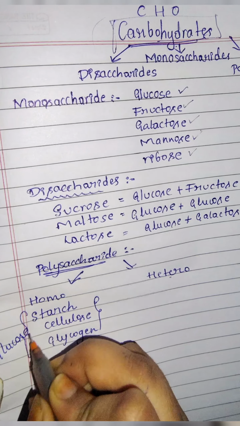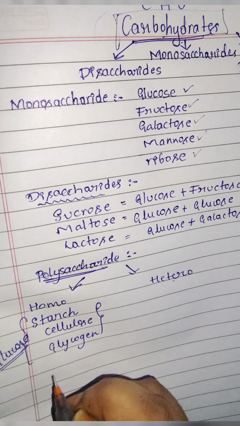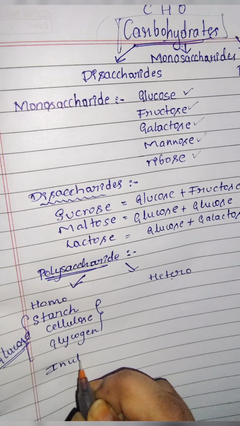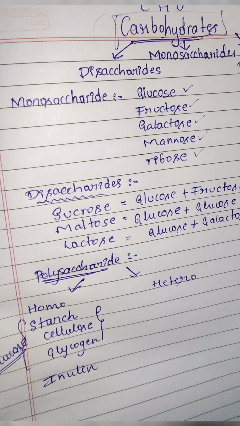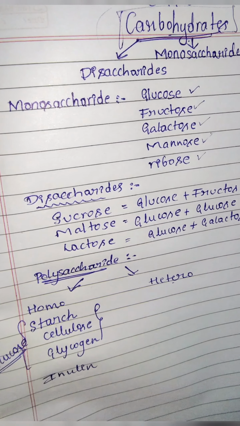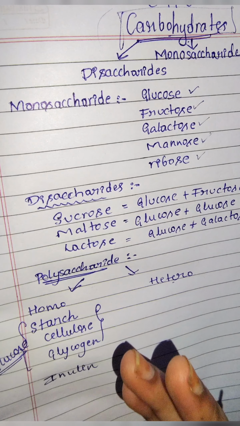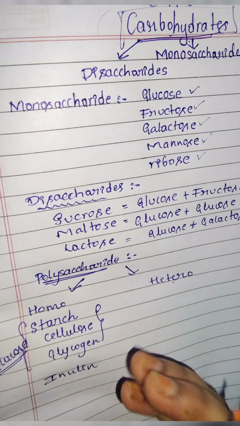Glucose is a monosaccharide, so it combines to form these three. Another example is inulin, not insulin. I'm talking about inulin. See, my dear students, another thing I have to say: insulin is there, no, it is a protein. You know that insulin is a hormone that controls blood sugar level.